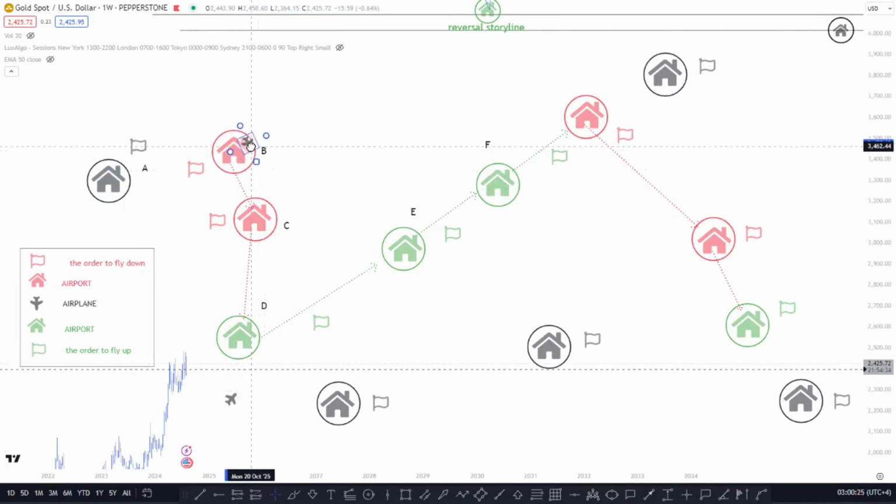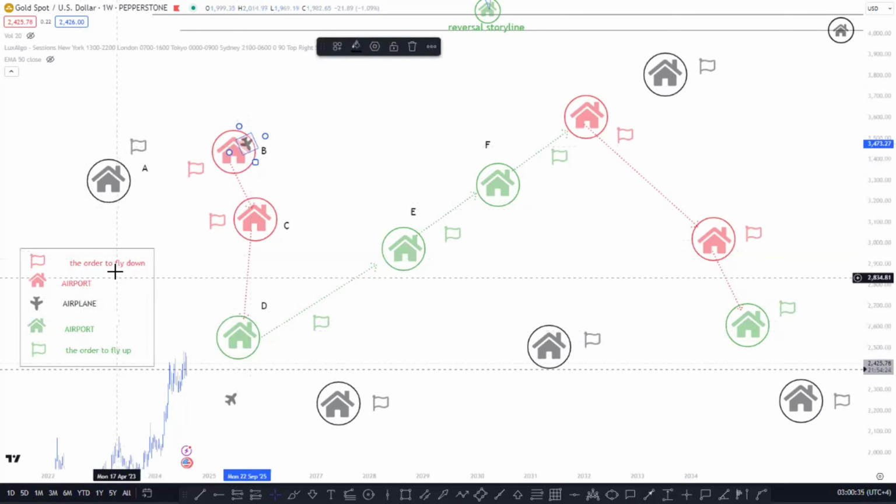Okay, when the airplane reaches airport B, there are two flags, a red flag and a green flag. This airport decides the next stop by raising a flag.